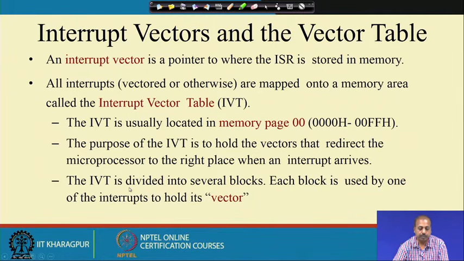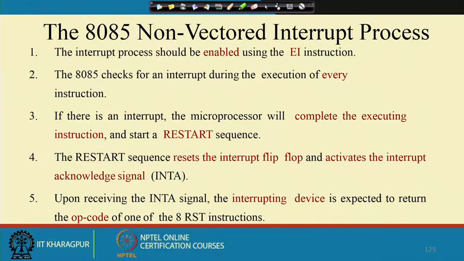The IVT is divided into several blocks, and each block is used by one of the interrupts to hold its vector. If you have n interrupts, this range of 256 bytes is divided into n such blocks, and each block holds one vector for an interrupt.